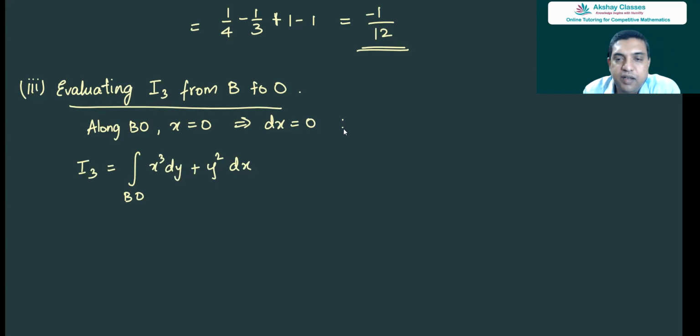Now y varies from 1 to 0. So we get the integral of x, which is 0, times dy, plus y may be there, but dx is 0. Y varies from 1 to 0.